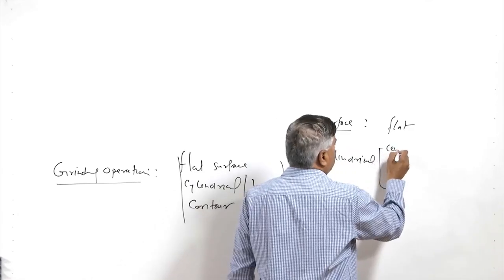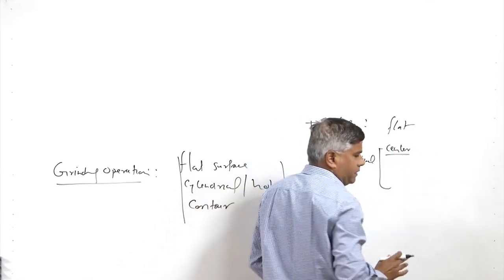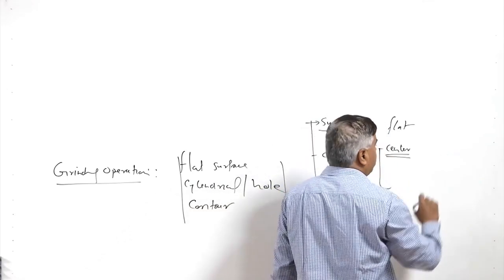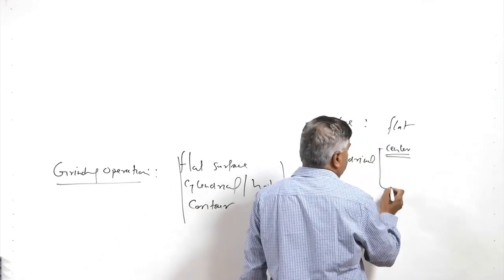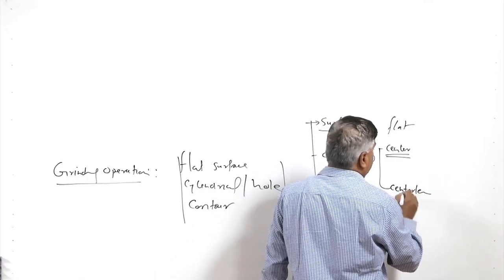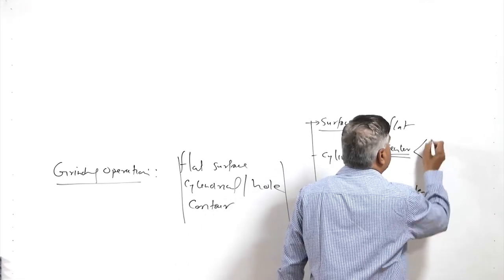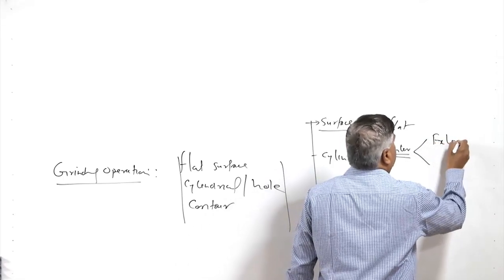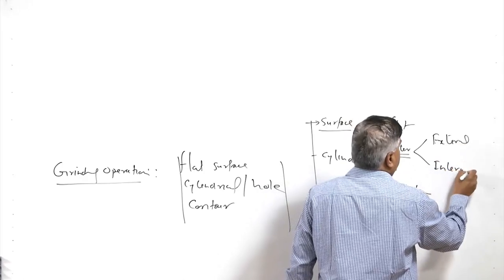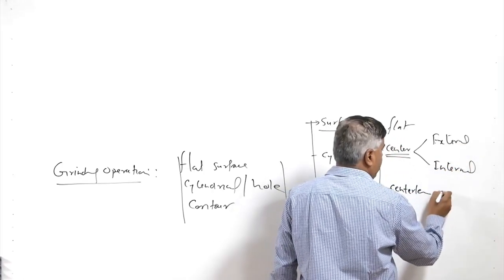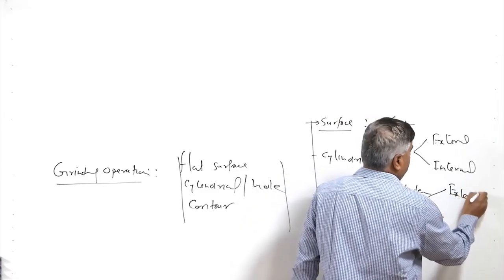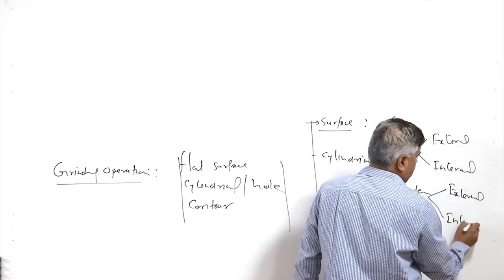One is center type, where the workpiece is held in the centers and along the particular axis, and another is the centerless process. Both can be external and internal cylindrical grinding. So centerless also comes in the external and internal cylindrical grinding.